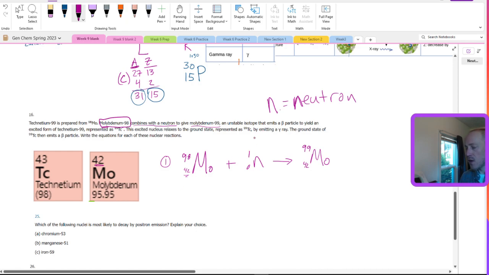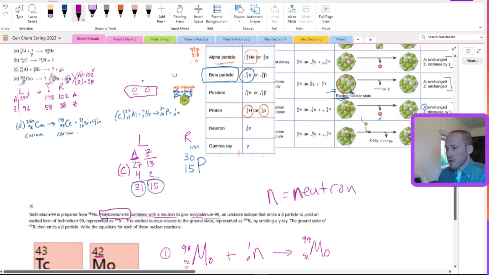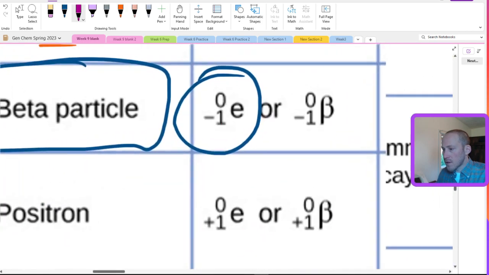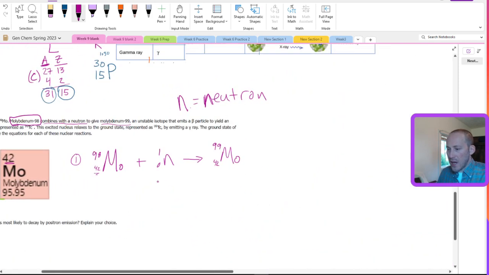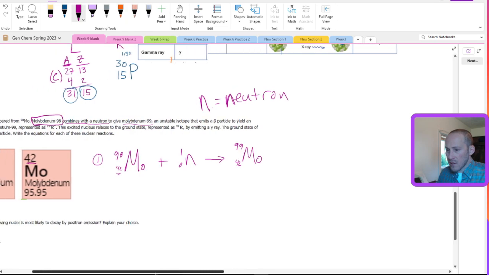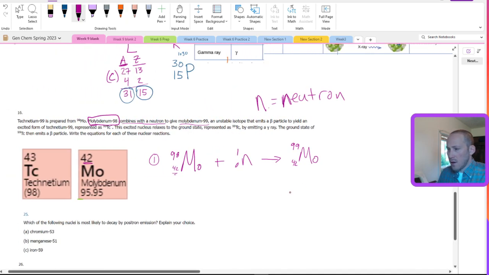And that's an unstable isotope that emits a beta particle. So once again, a beta particle is an e minus 1. It's an electron that came off of a neutron, essentially. So this then, reaction 2, is that this emits a beta particle to yield an excited form of technetium.